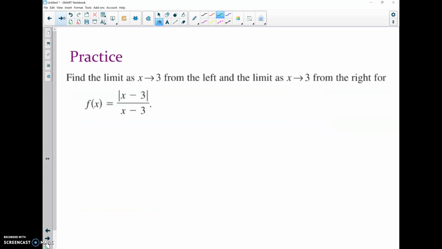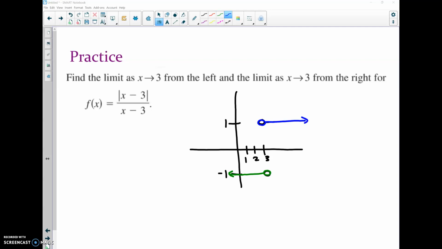All right, so hit pause and graph this. You can use a calculator if you'd like, and you are finding the limit of f of x as x approaches 3 from the left and the right. All right, I just drew a rough sketch here.